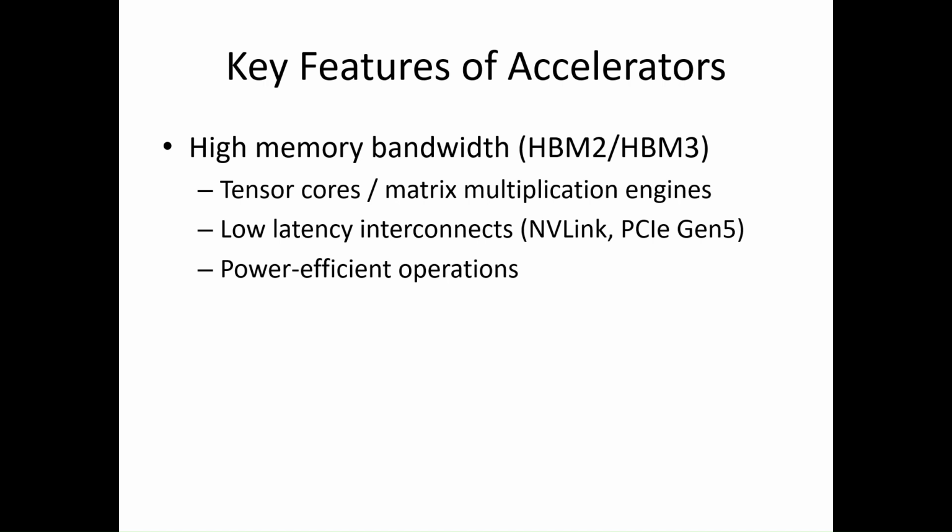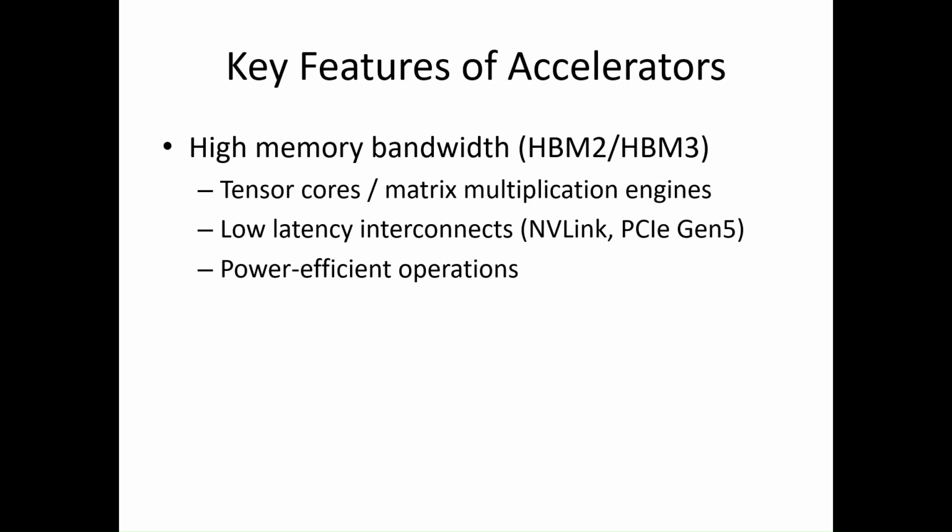Next we can see the key features of accelerators. Normally accelerators have high memory bandwidth, tensor core matrix multiplication engines, low latency interconnect and power efficient operations, for example NVLink or custom fabric.